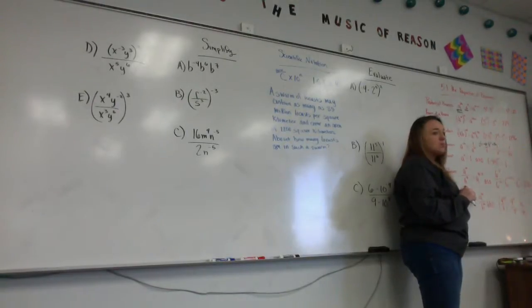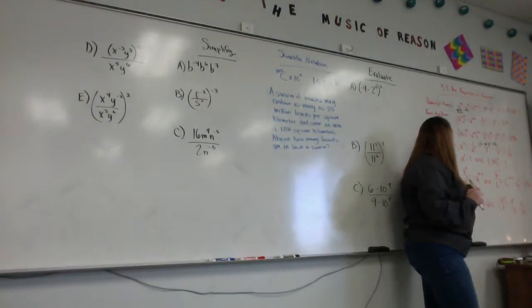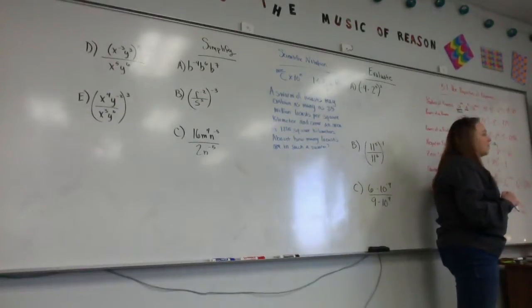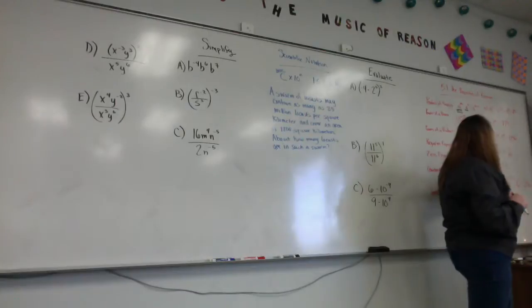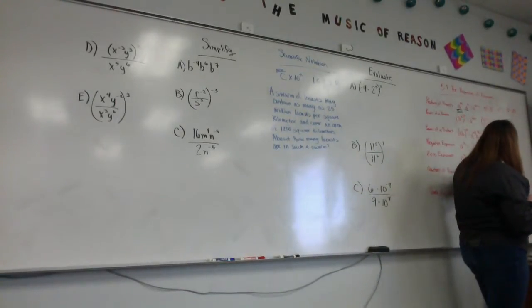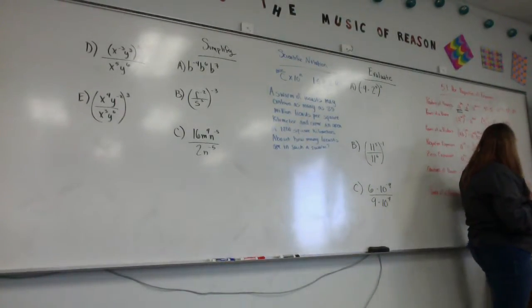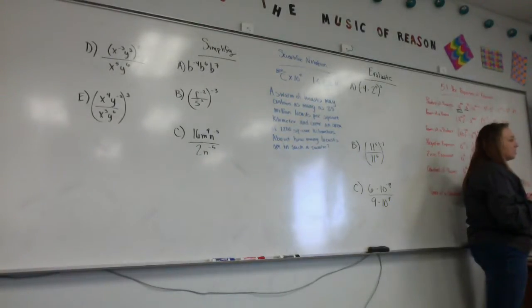It's an undefined term. Good, Kaylee. So that's why this can't be 0, because my base can't be 0. Okay, my bottom can't be 0. So if I have 6 to the negative 3 over 6 to the negative 6, that gives me 6 to the negative 3 minus negative 6, which gives me a double negative, which is a positive.